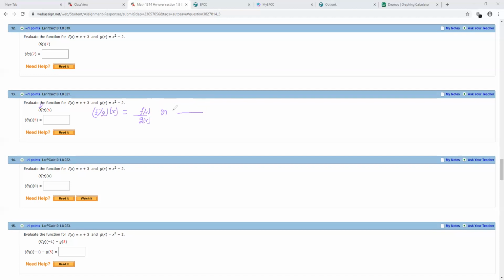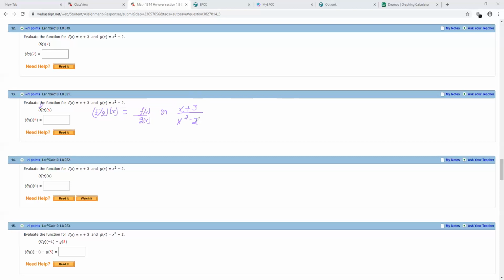So Griselda, what are we going to write on top when we create this new function? What's supposed to go on the top? f, x plus 3. And what else? On the bottom will be g, so x squared minus 2.